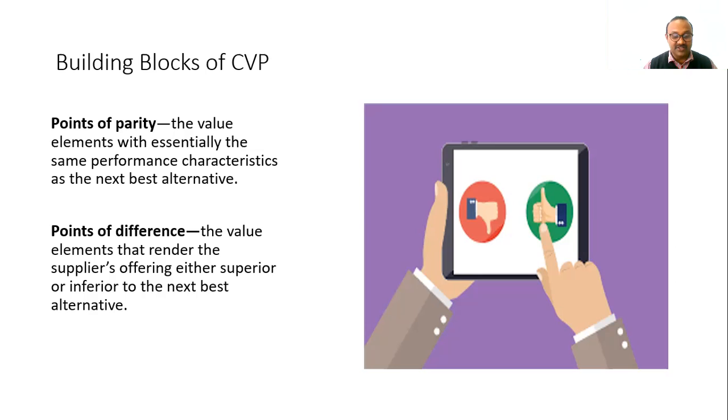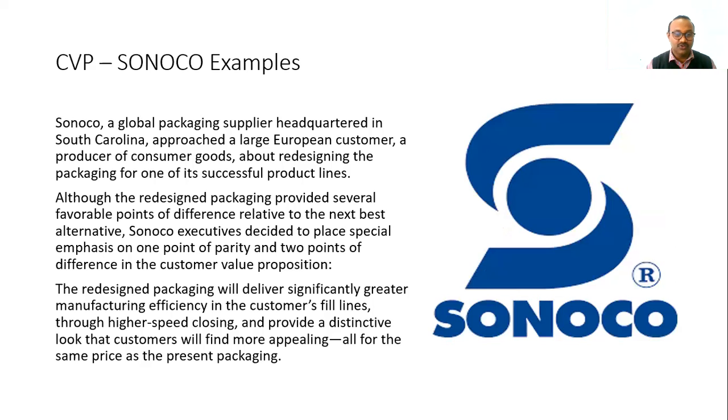Will they support your business when you're going to do something extraordinary in the future? You've got to keep these 2 things in mind. So that's how you build your CVP. One is point of parity: have something very similar to what all competitors are having. And secondly, create a USP or a differentiator that's a lot more different than your competitors' point of difference. So 2 things are extremely important.